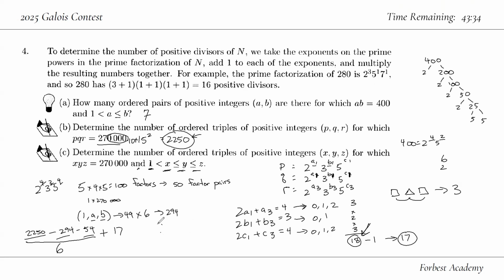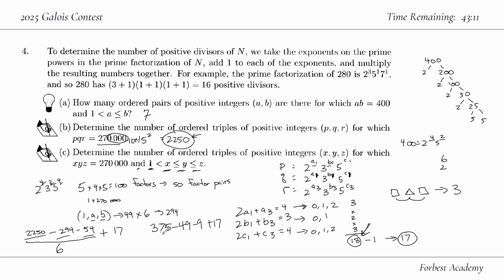So 2250, actually it's going to be easier if I just divide these numbers. 2250 over 6 is 375, minus 49 minus 9 plus 17.